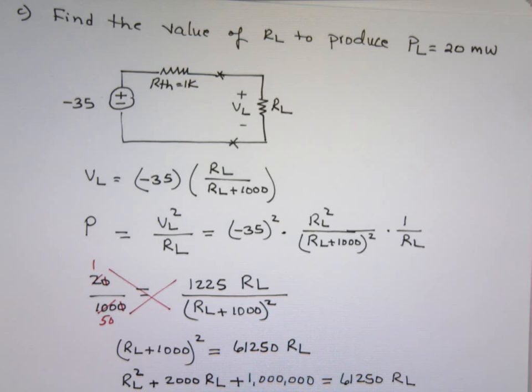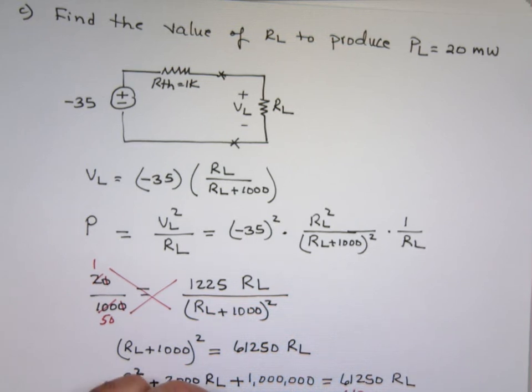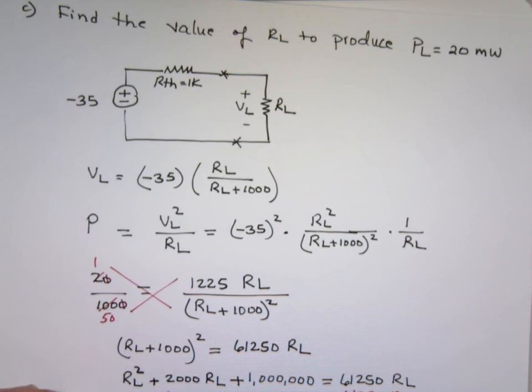Subtract 2,000 from both sides. Subtract 61,000 from both sides. Now you have a quadratic equation.